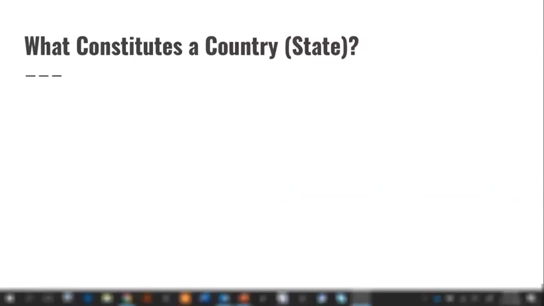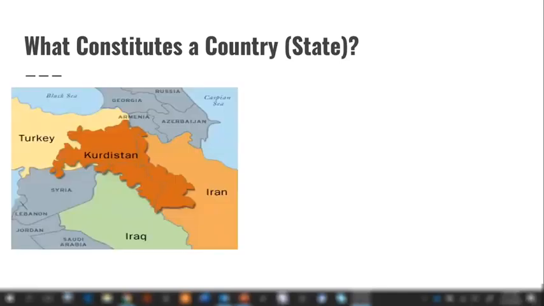All right, first let's look at what constitutes or makes a country or state. So take a couple seconds, think on that. Here's a picture of a country. So first thing you can see is that you're going to need land.